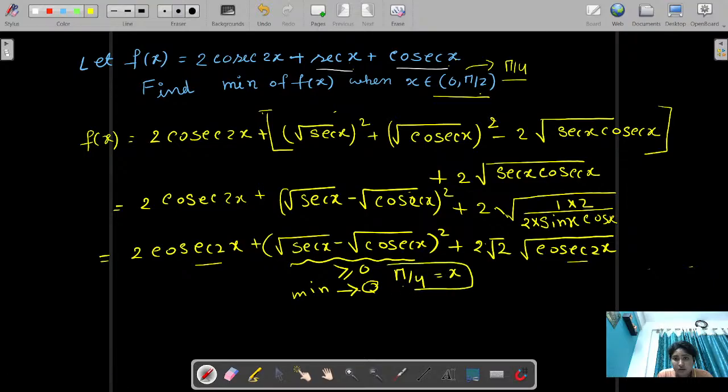Then we have to put pi by 4 in place of this also and this also. So if we put the value, I will get 2 plus 2 root 2 or 2 into 1 plus root 2, and that will be my answer. I hope this is clear.